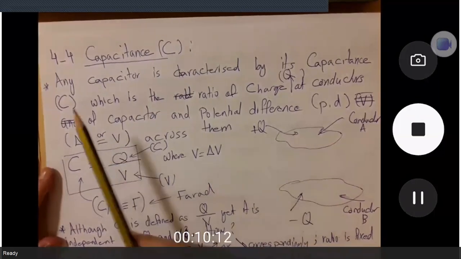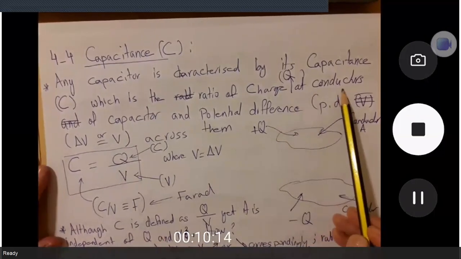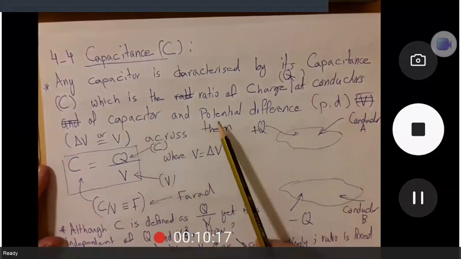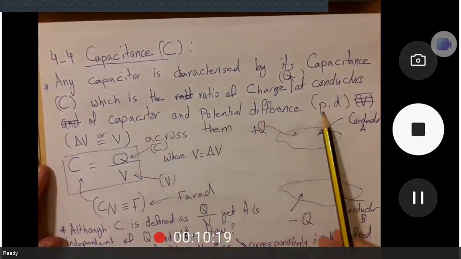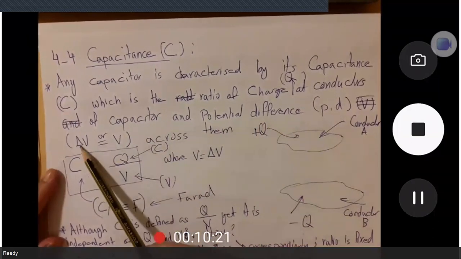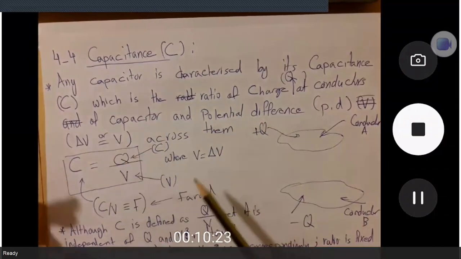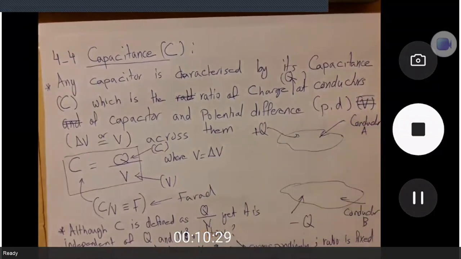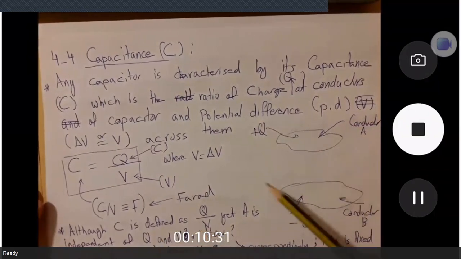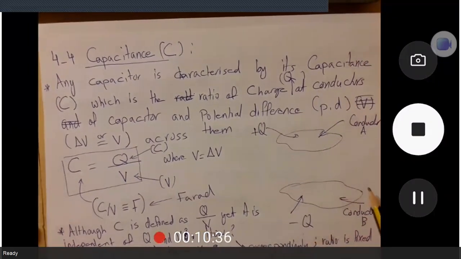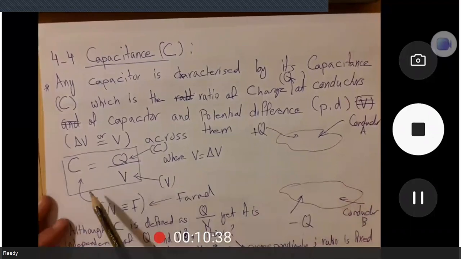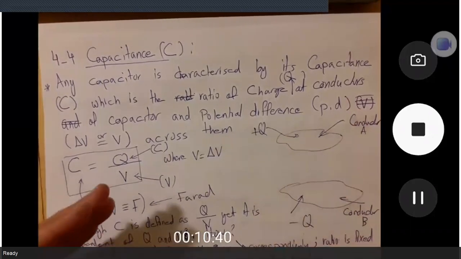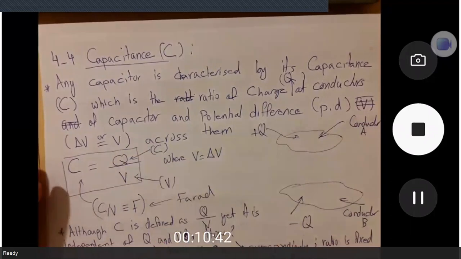So the ratio of the charge on the conductors and the potential difference, which has the symbol delta V or V. We say delta V is V final minus V initial. For example, if I say 12 volts potential difference, it means one is at plus 12 and the other at zero, so the potential difference between them is 12 volts. So I say it's delta V equal 12 volts, or V equal 12 volts.